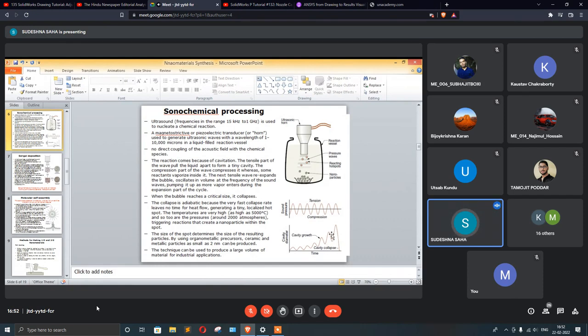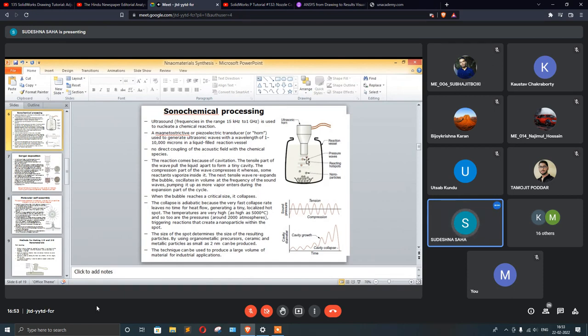When this bubble reaches a critical size, it collapses. This collapse happens adiabatically, because the collapse rate is very high and there is no time for heat flow, generating tiny localized hot spots with a temperature of around 5,000 degrees Celsius, and sometimes pressures of around 2,000 atmospheres.